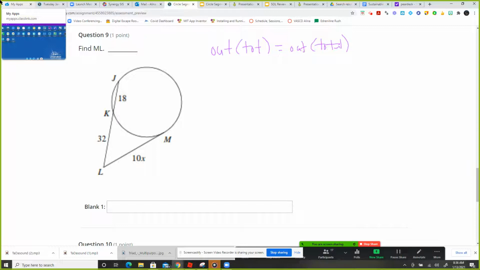So everybody should be trying to work out number 9 on their own piece of paper or their computer, however you work out problems.